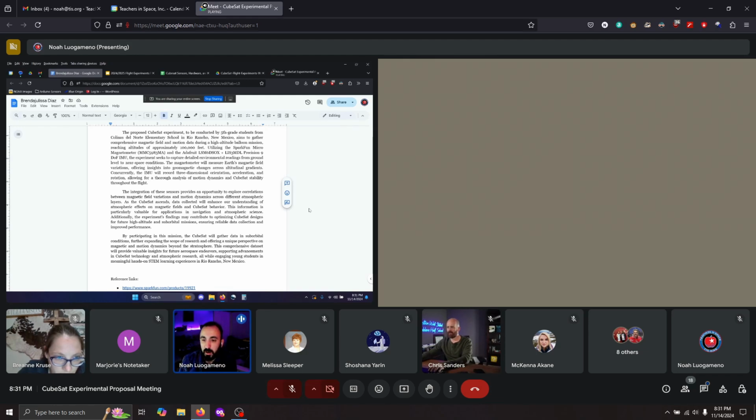So I would recommend including something like this in every single CubeSat experiment, just because having the orientation and the movement of the CubeSat is going to make comparing other data points that much easier.